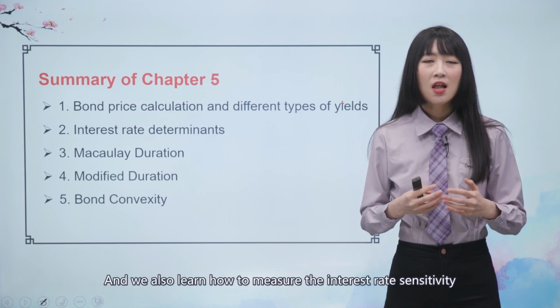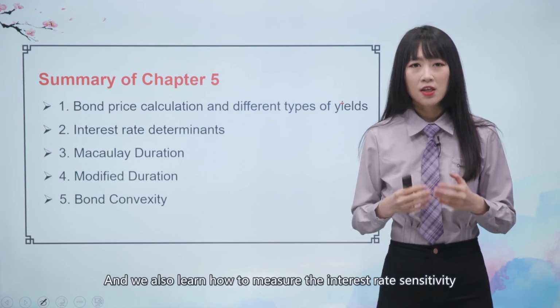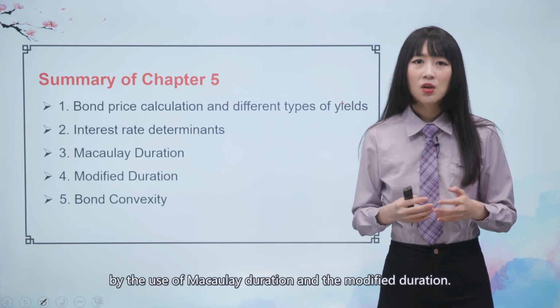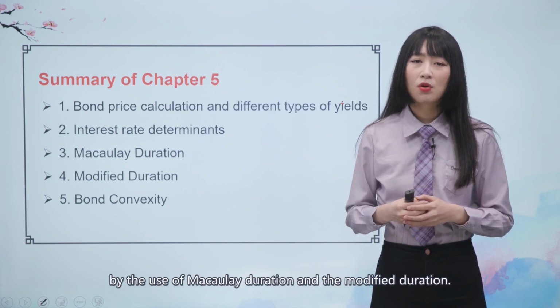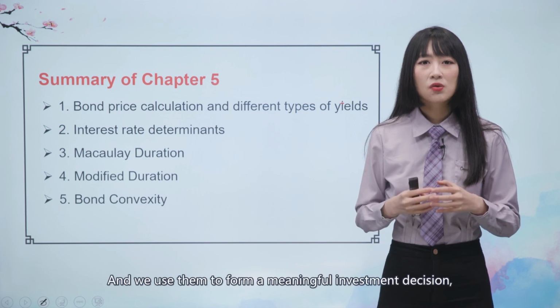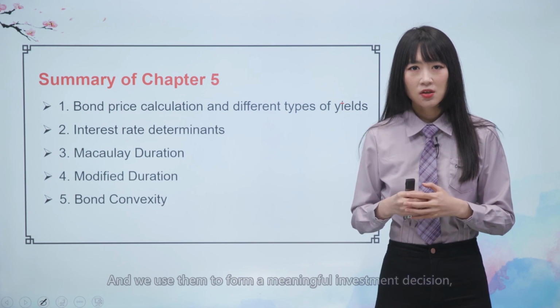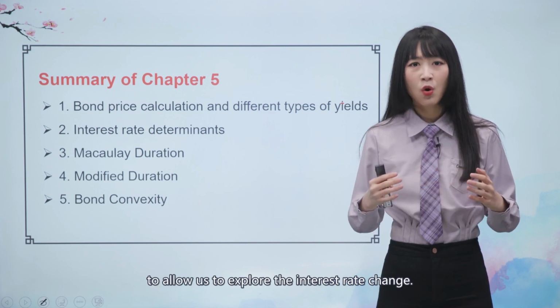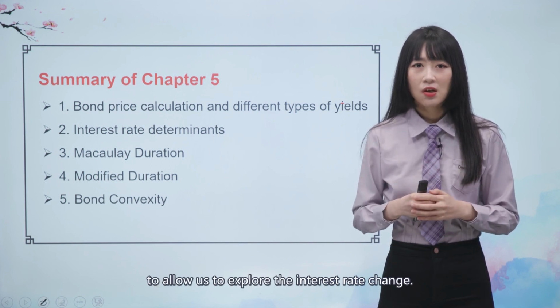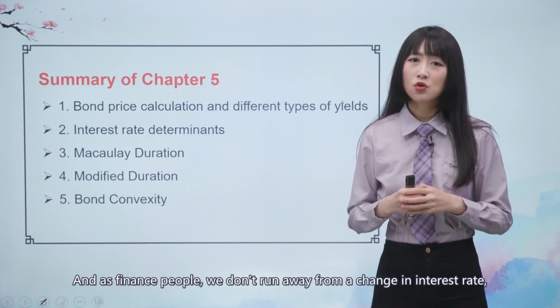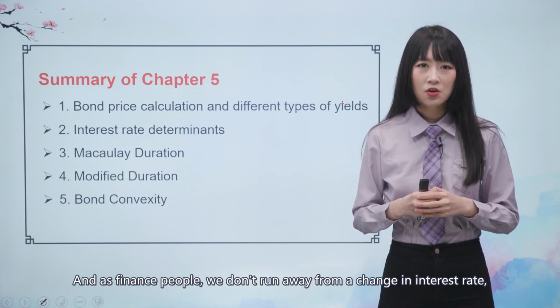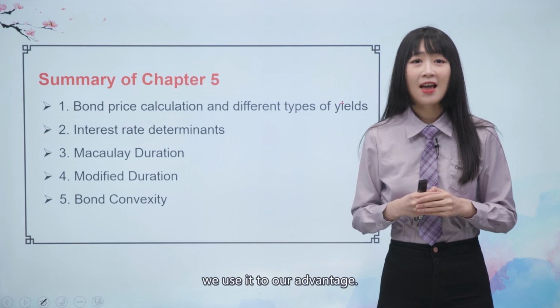We also learned how to measure interest rate sensitivity by the use of the Macaulay duration and the modified duration. And we use them to form meaningful investment decisions that allow us to exploit interest rate changes. As finance people, we don't run away from a change in interest rate. We use it to our advantage.